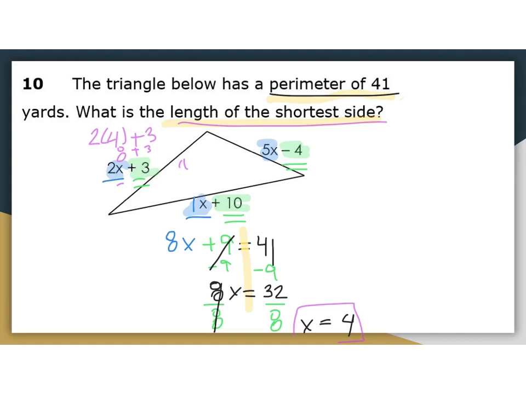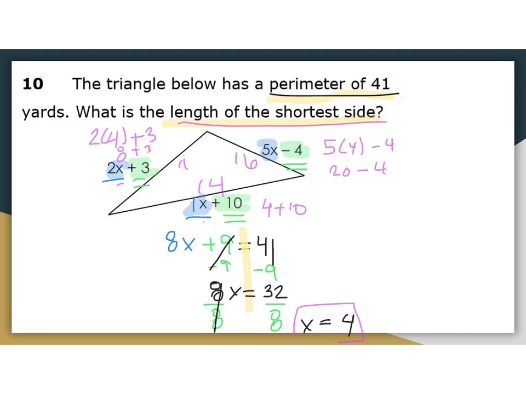4 in place of this x, so this would be 4 plus 10, which is 14. And then our last one, we have 4 in place of x here, so it's going to be 5 times 4 minus 4. 5 times 4 is 20, and 20 minus 4 comes out to 16.